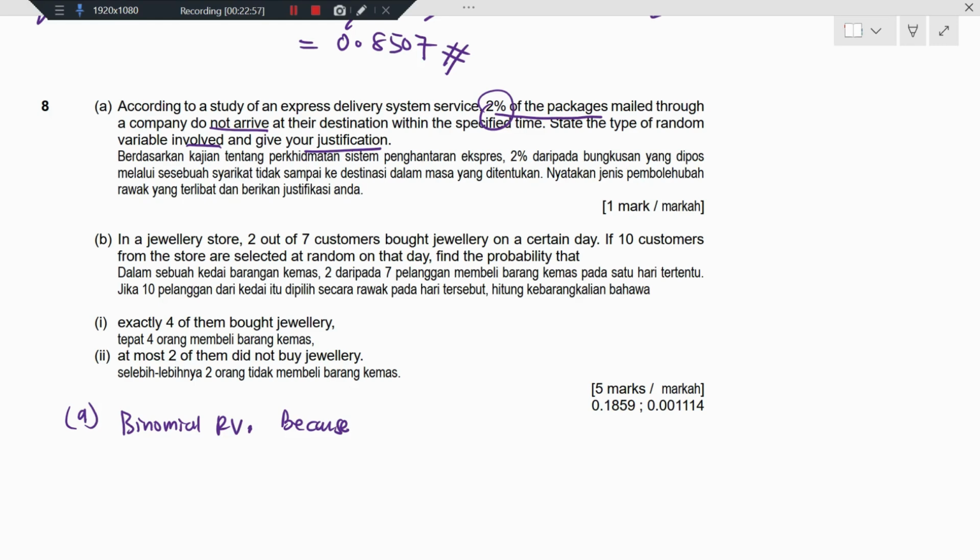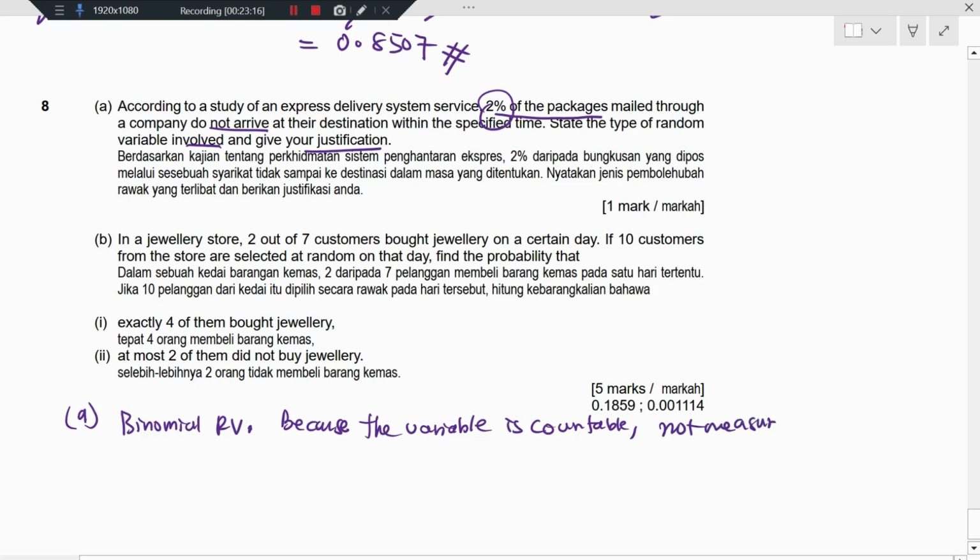They should give us at least the n. But it's okay. How many packages mailed through a company do not arrive at their destination? It is countable because the variable is countable, not measurable. If measurable, it is continuous, which is your normal distribution.